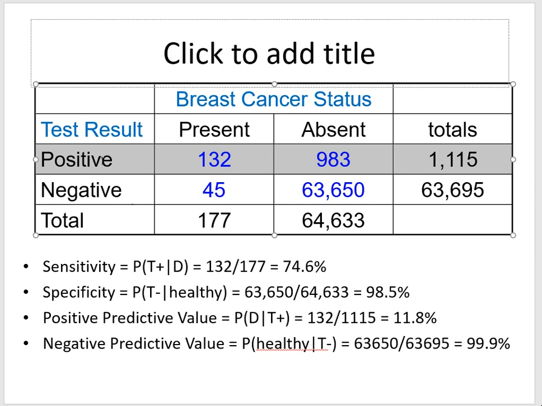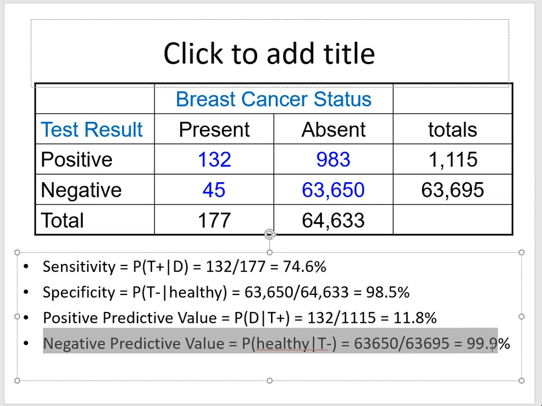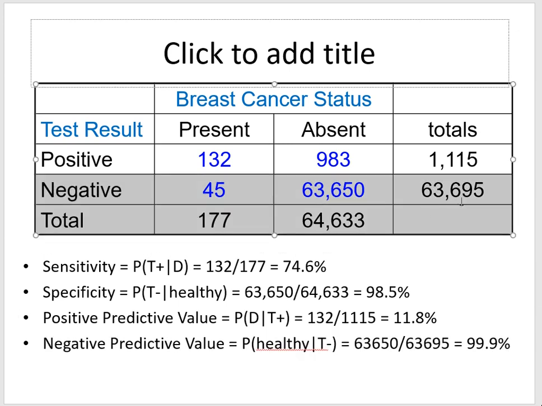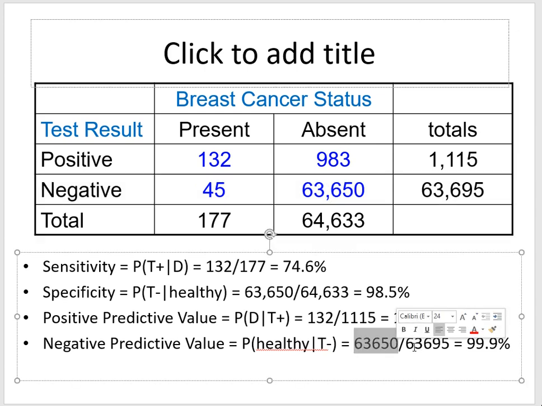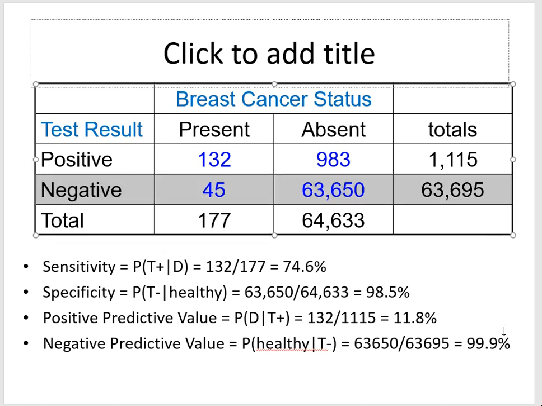further testing. However, if we move into the negative predictive value, looking at the women that tested negative, taking this number and dividing it by the total, there is a 99.9% chance that she's healthy. So for women testing negative, we feel very confident to tell her, well, we think you're healthy, you don't need to worry about anything.